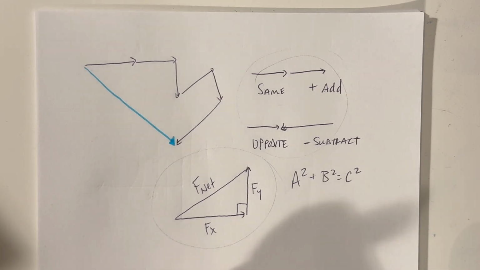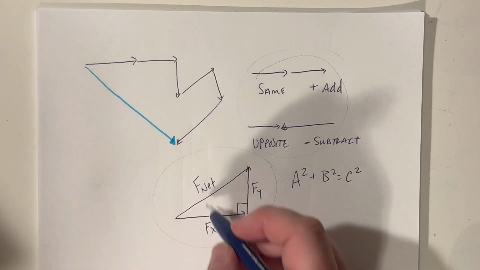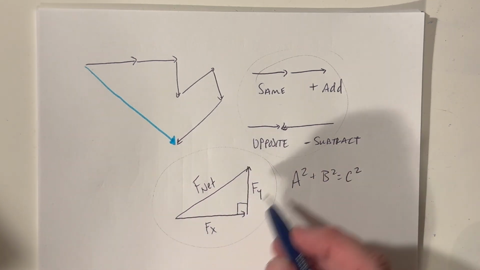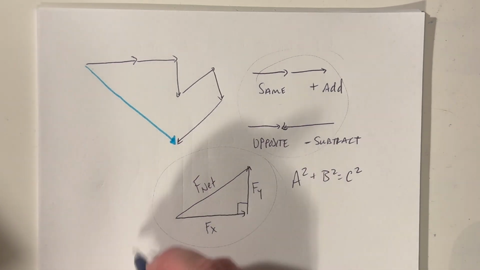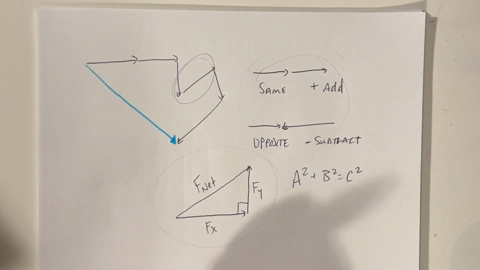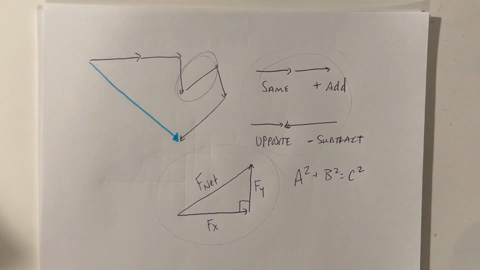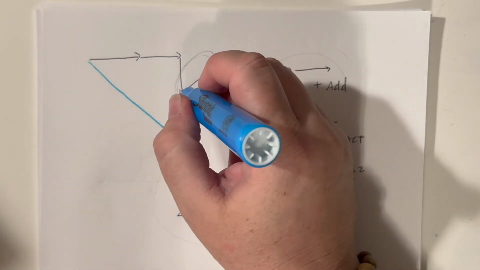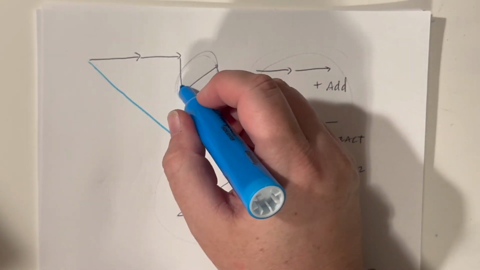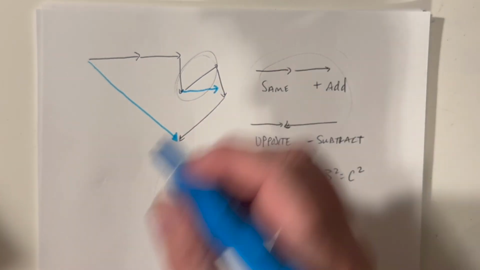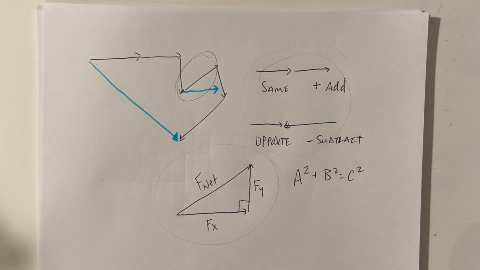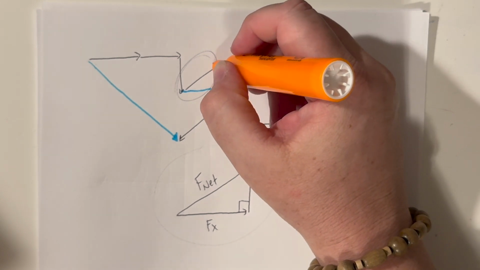So just like we did when we were talking about motion, if we had something that was shot off at an angle, you can do that same thing. So you might know, let's look at this force here. You might know that that force is going, let's do some different colors here. You would figure out what's happening in the x direction for that force, and then what's happening in the y direction for that force.